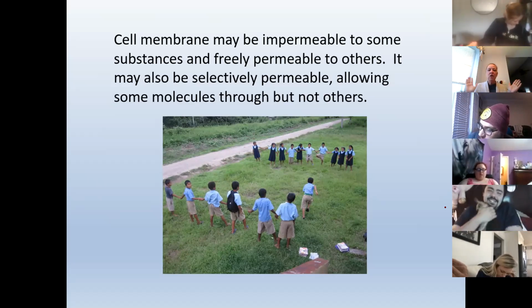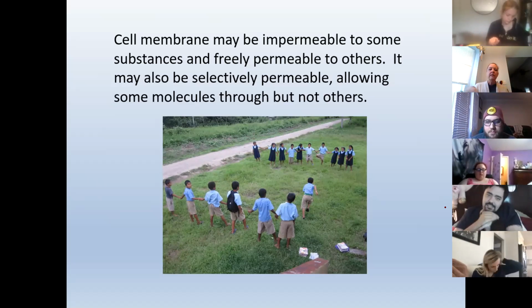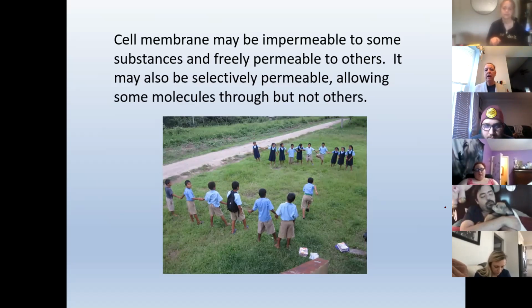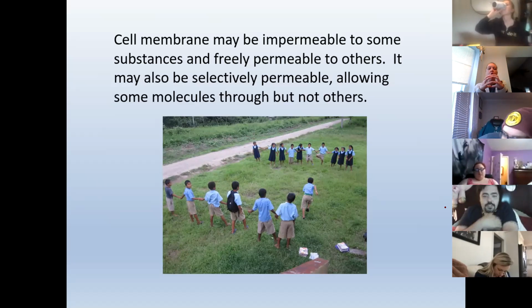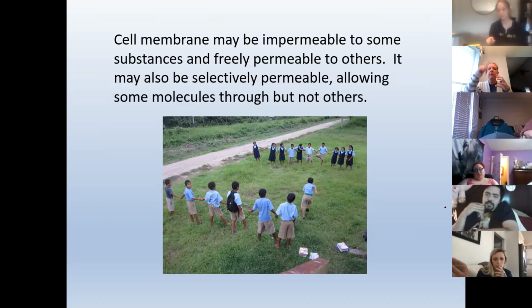All right. So let's talk about the cell membrane. Remember the cell membrane, plasma membrane, this phospholipid bilayer. It's very, very complex, very, very complicated. The cell membrane's main job is to regulate what goes in and out of the cell. We already talked about this.